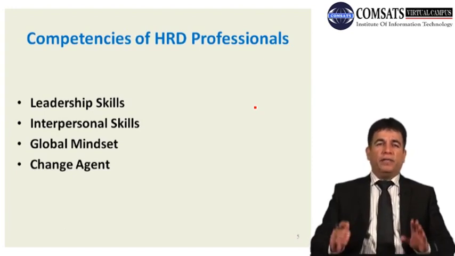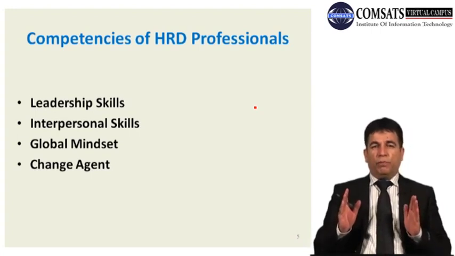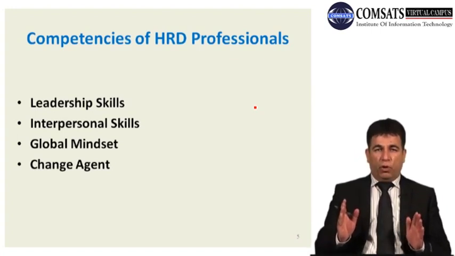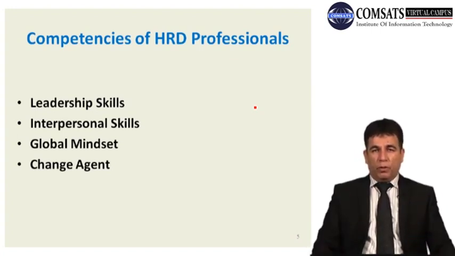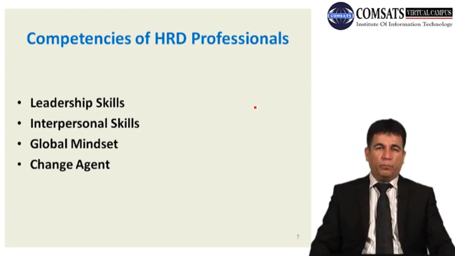There are in most cases 3 areas. The first most important area in order to achieve organizational effectiveness is the people. By people we mean the attitude and behavior of employees. So the most competent HRD professionals try to bring positive changes in the attitude and behavior of employees in an organization.